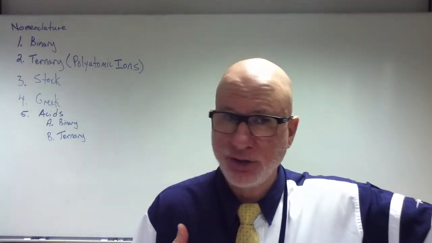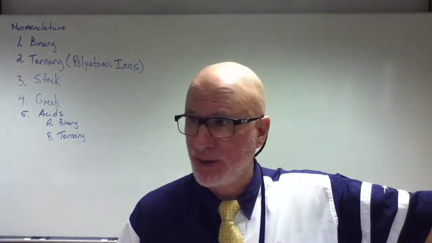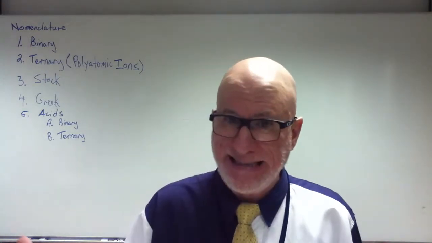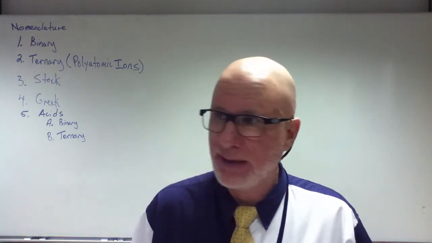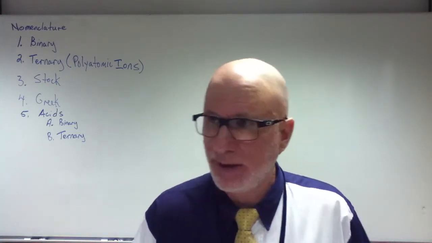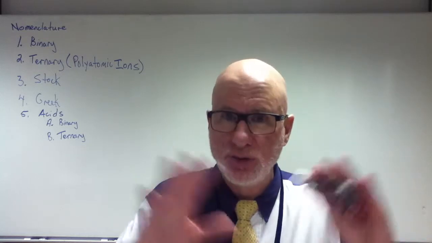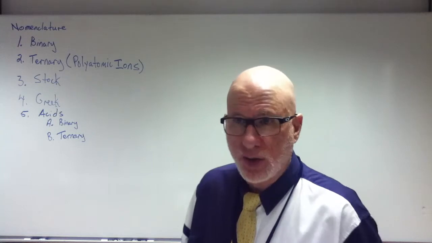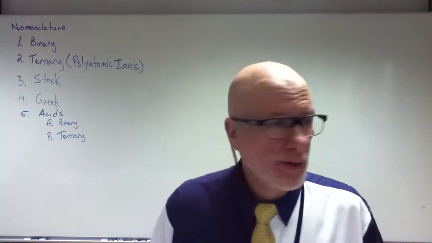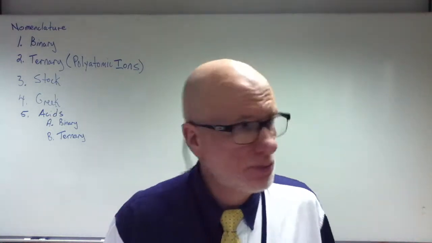IUPAC, International Union of Pure and Applied Chemistry, says 1 through 18 instead of 1A, 2A, and then B is 3B, 1B, 2B. I hate that. But we'll use both, okay? Now, 1A or 1, those are +1. Group 2 is +2.